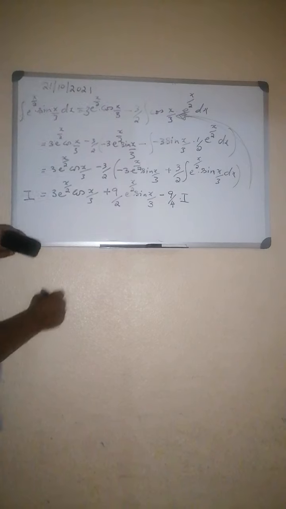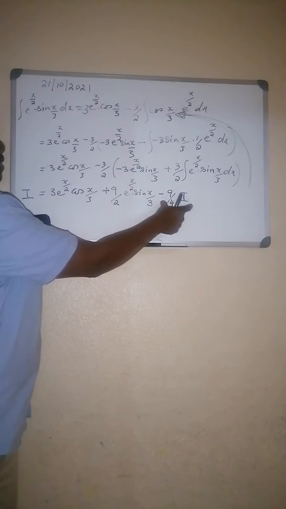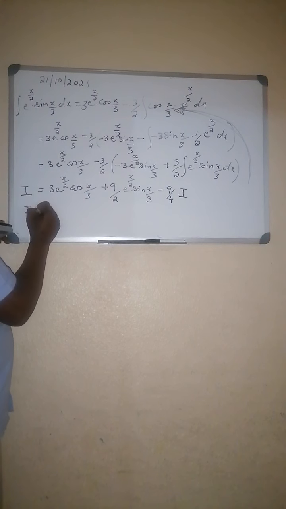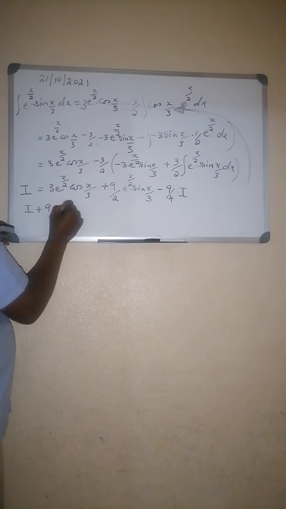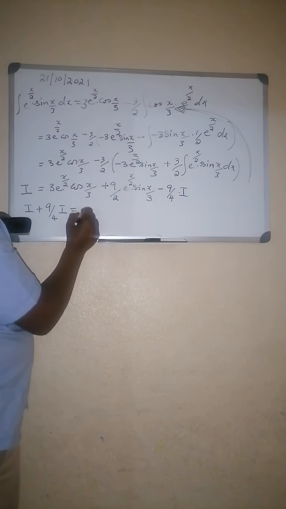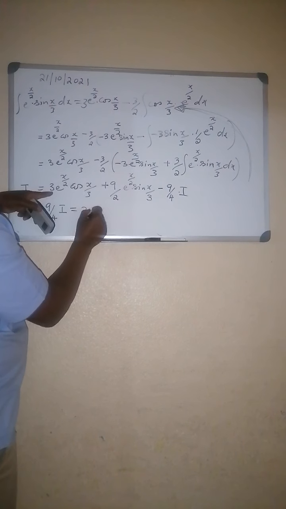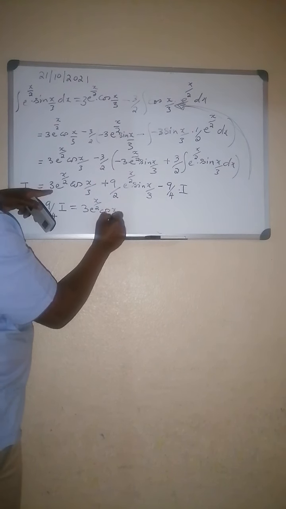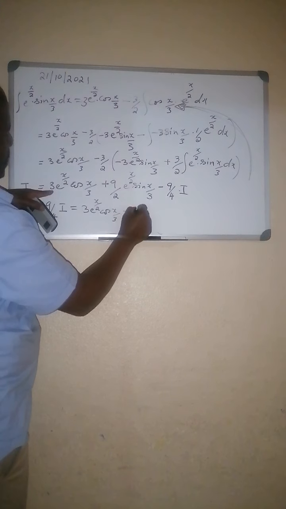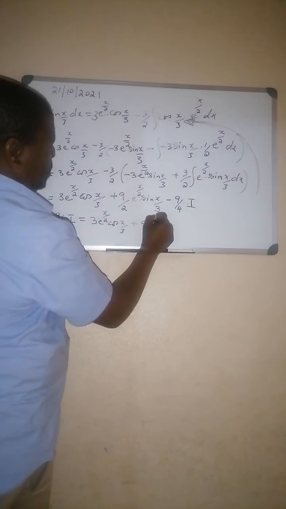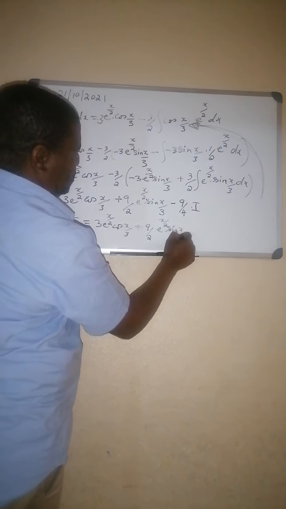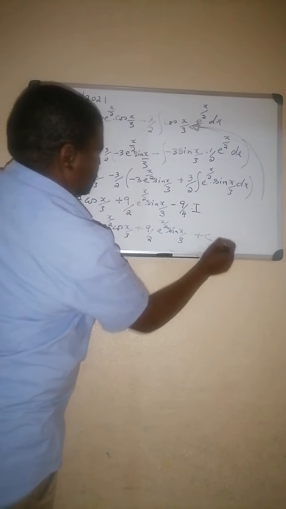Now when I have that, I can transpose this part to this side and have I plus 9 over 4 I equals 3 e to the x over 2, the cos of that, plus 9 over 2 e to the x over 2, the sine of that, plus the constant.